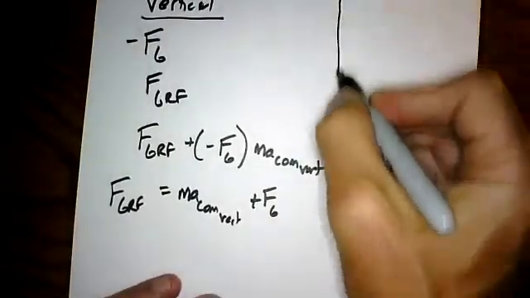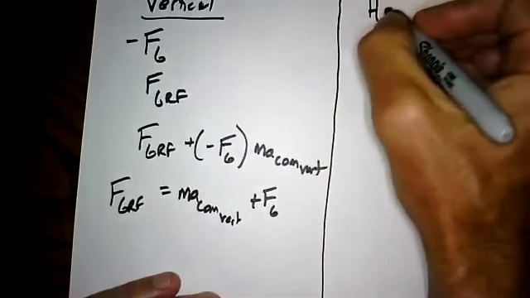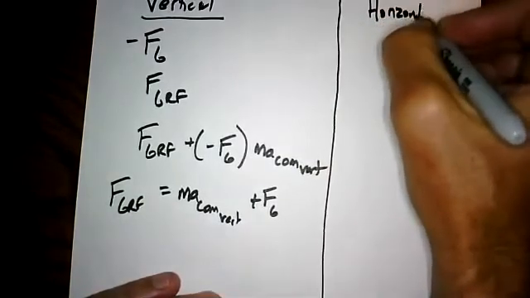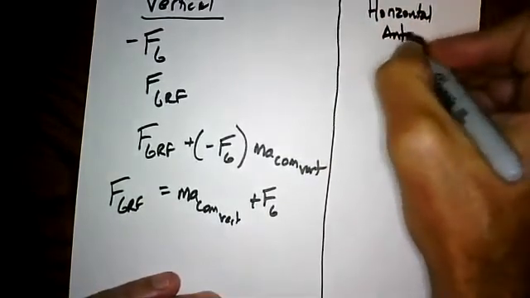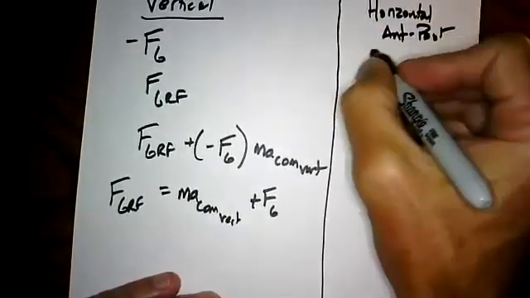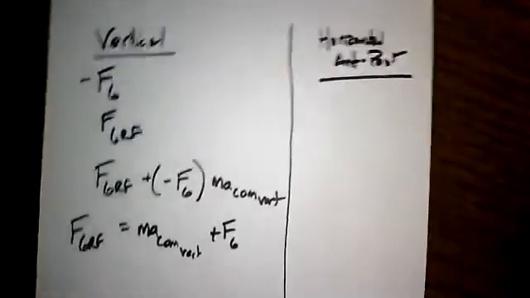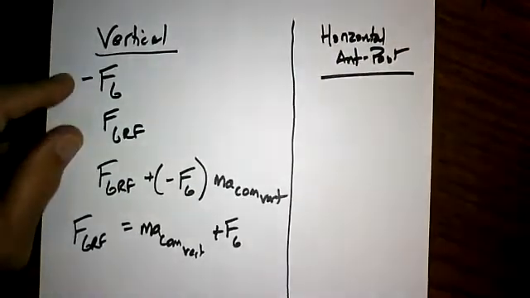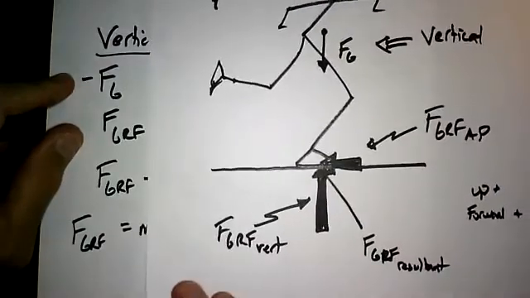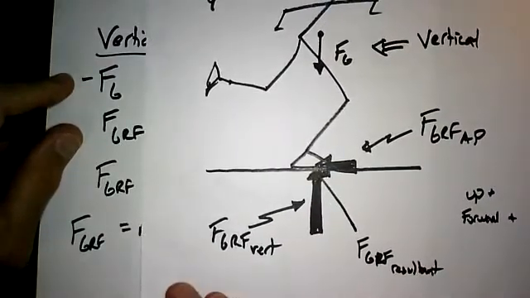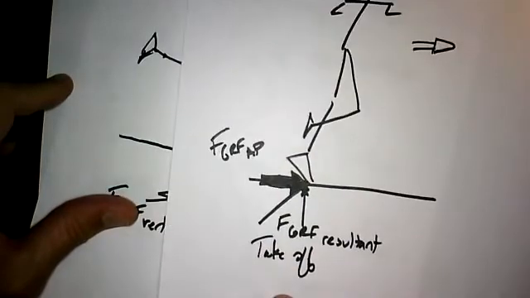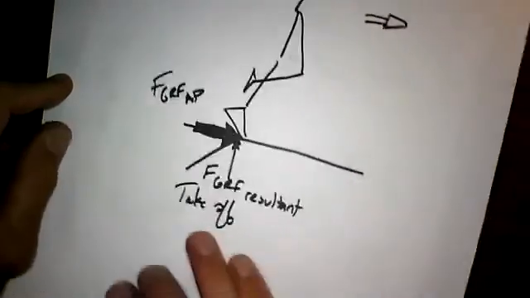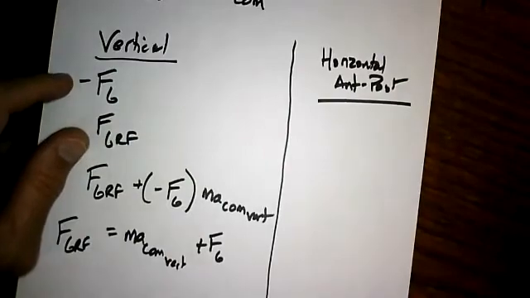In the horizontal direction, I should be specific: anterior-posterior as opposed to medial-lateral. I won't do medial-lateral, as it's pretty unique for each runner. For anterior-posterior, what forces do we have acting on the runner in the horizontal direction? Just the ground reaction force. That's it. In either picture, the only horizontal force is the ground reaction force component in the anterior-posterior direction, again taking air resistance out of this.